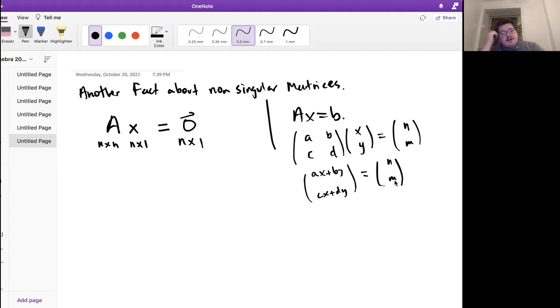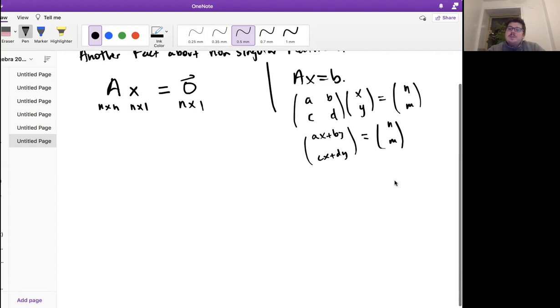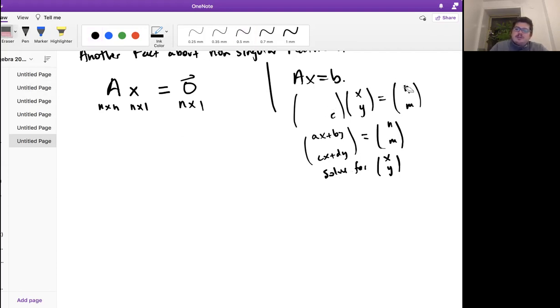All right. What can you do from here? If I wanted to solve for x and y, what would you need to do? It should be immediate. Okay, if you don't like the letters, we'll put numbers. How do you solve for x and y?